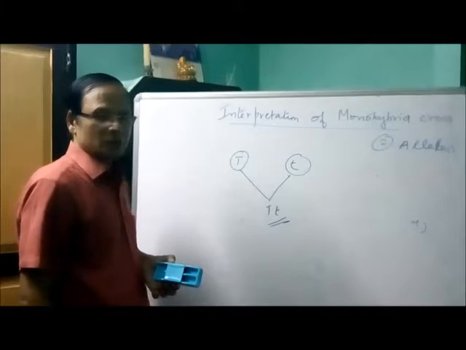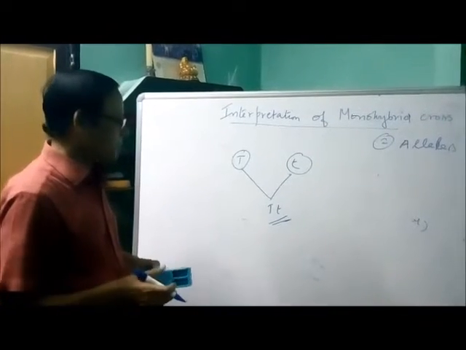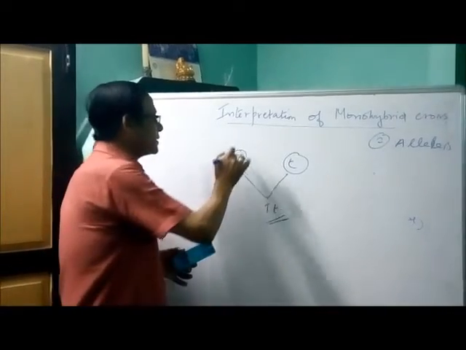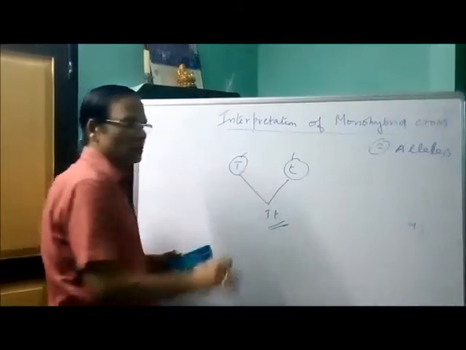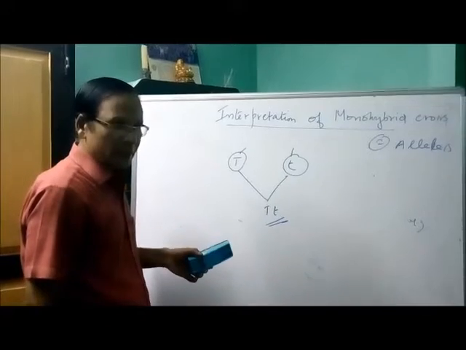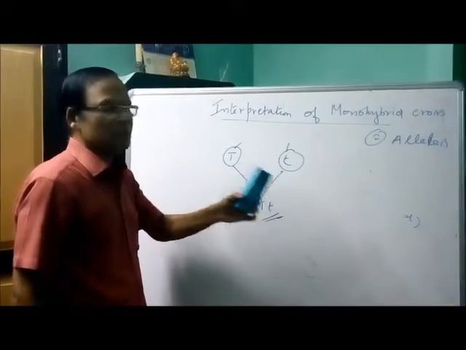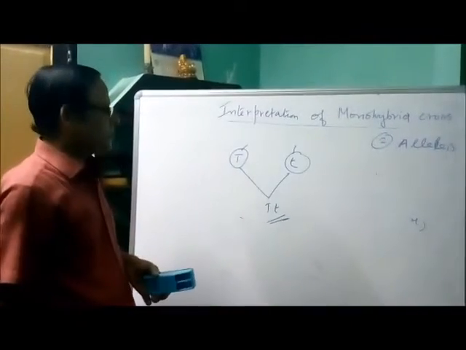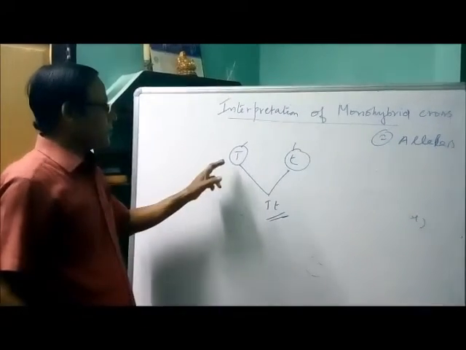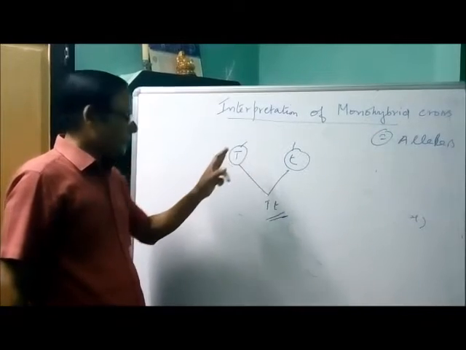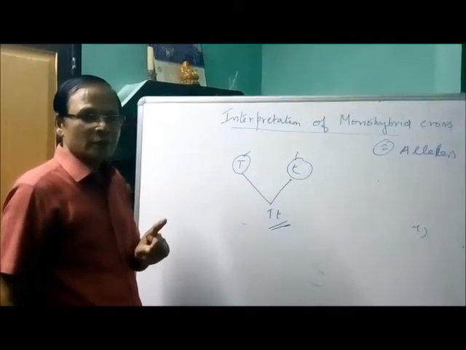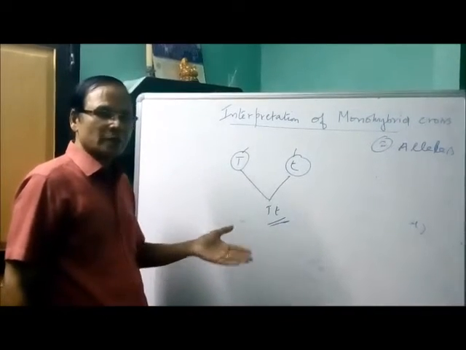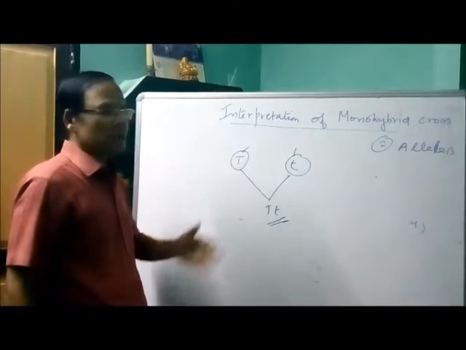Now when F1 individuals are crossed, they produce gametes, each gamete with either capital T or small t, not both, and then they are combined and transmitted to the next generation. So the gametes or the factors are pure. The meaning is that during the formation of gametes, the gametes are formed with only one factor, not both, for that particular character. So we can say either the gametes are pure or the factors are pure.